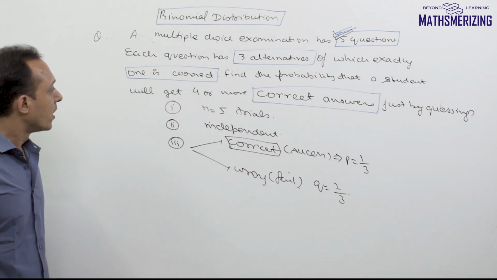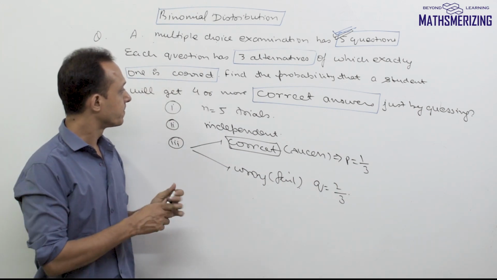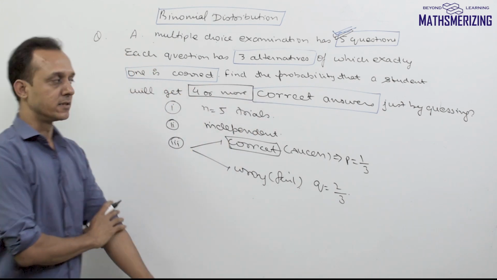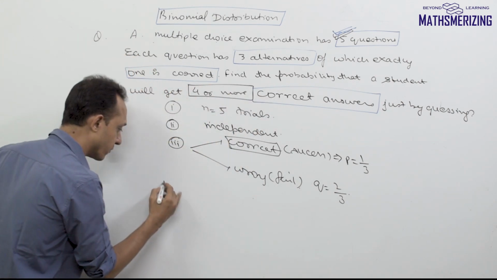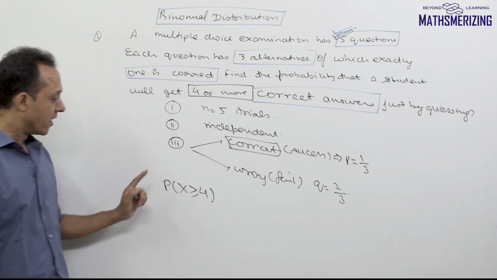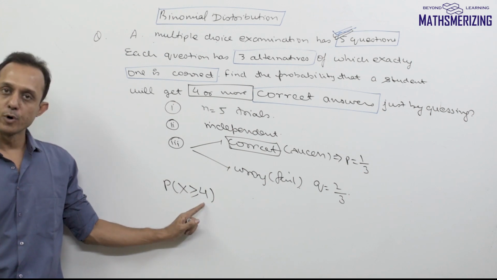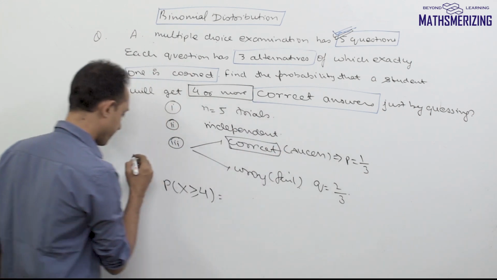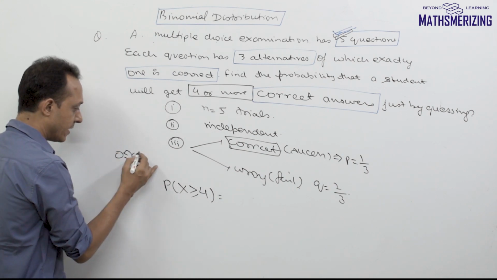Now we need to find out of these 5 trials, a student will get 4 or more correct answers. So that is, we need to find out the condition where we have at least 4 successes. That is, the value of random variable should be either 4 or greater than 4. So I know that the value of r will lie between 0 and 5.